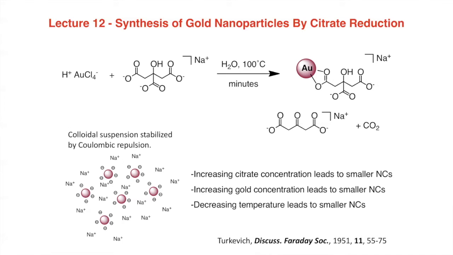Okay, the reduction here gives rise to this byproduct. So you make carbon dioxide, and you extract the electrons from the CC bond to do the reduction process. So it eliminates CO2, and you end up with this ketone in place.